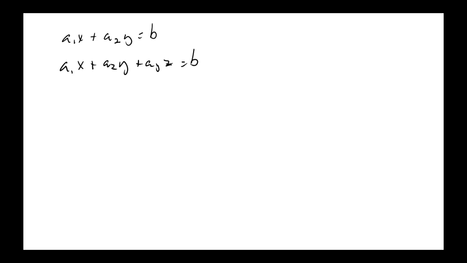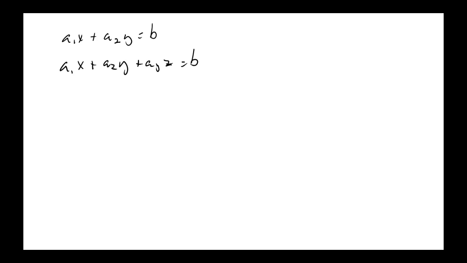Now, if you did systems of linear equations before, I bet you stayed with 2 equations, 2 unknowns, may have gotten up to 3 equations, 3 unknowns. But in this course, we're going to go to n variables. As many variables as you want to have.